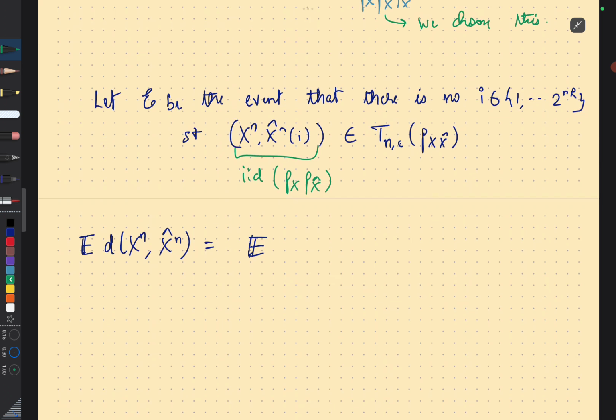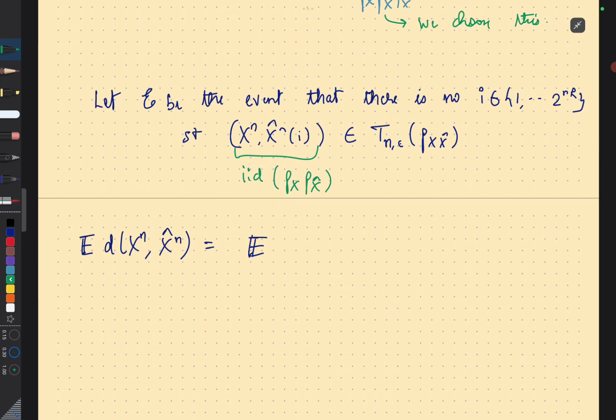So this Pxx hat is something that is out there, but none of these random variables are drawn according to Pxx hat. The joint distribution Pxx hat is used to define the typical set. But none of these random variables are drawn actually according to Pxx hat, because there's no dependence. Your code book has to be independent of the source.